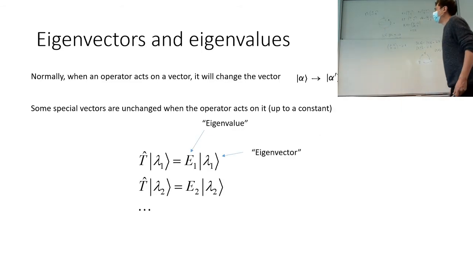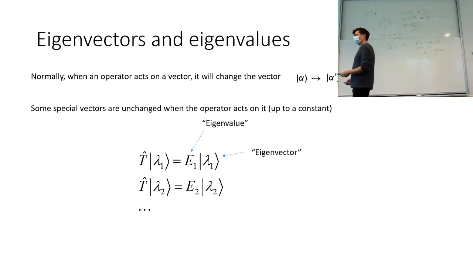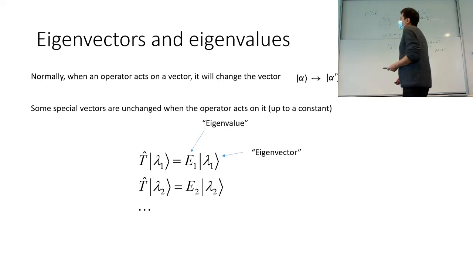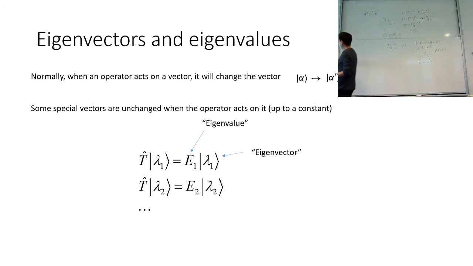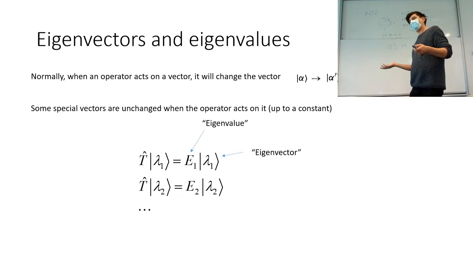Right. And I think last lecture I mentioned something about eigenvectors and eigenvalues. Probably you have done this. Yes? Okay. So normally you apply an operator to a vector and it becomes some other vector, right? It usually changes, of course, because imagine it's some matrix multiplication. But there are some special vectors where you apply the operator to it and it's kind of unchanged.